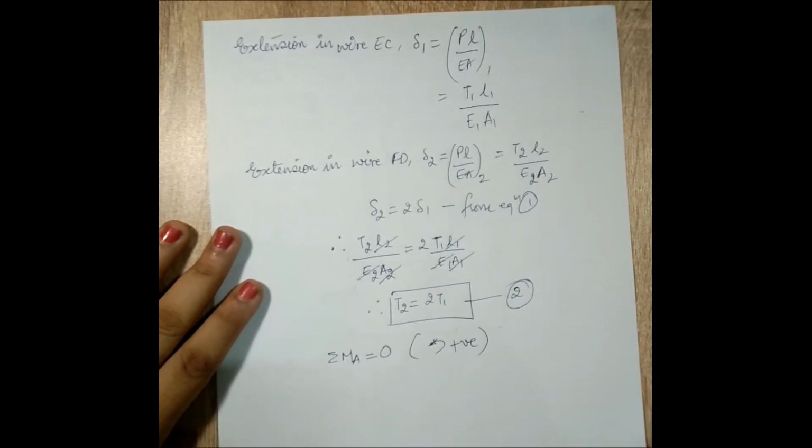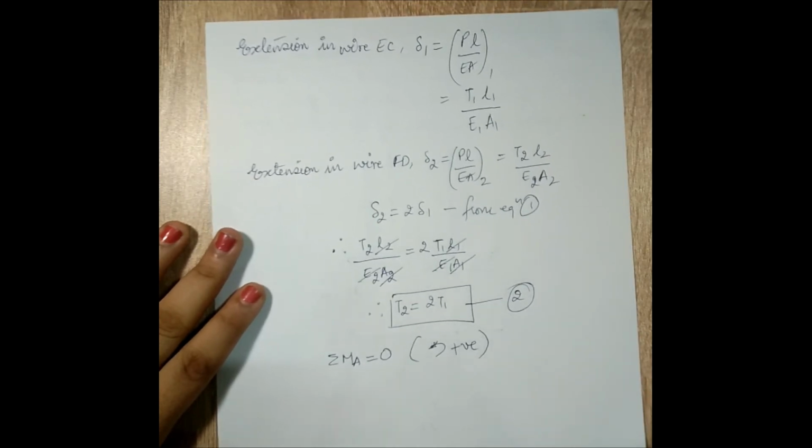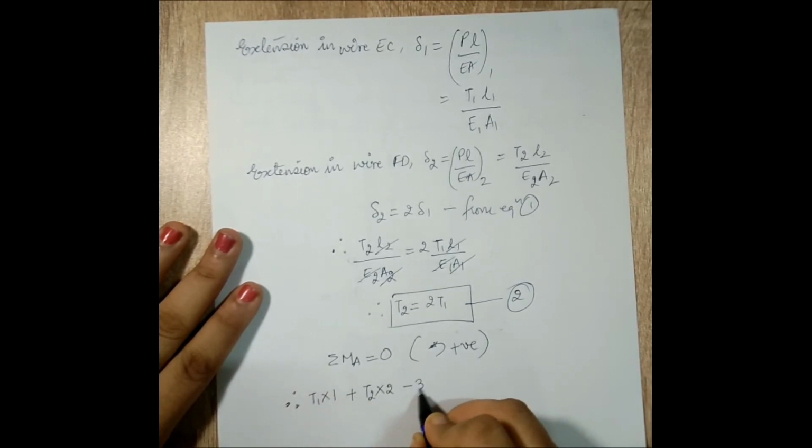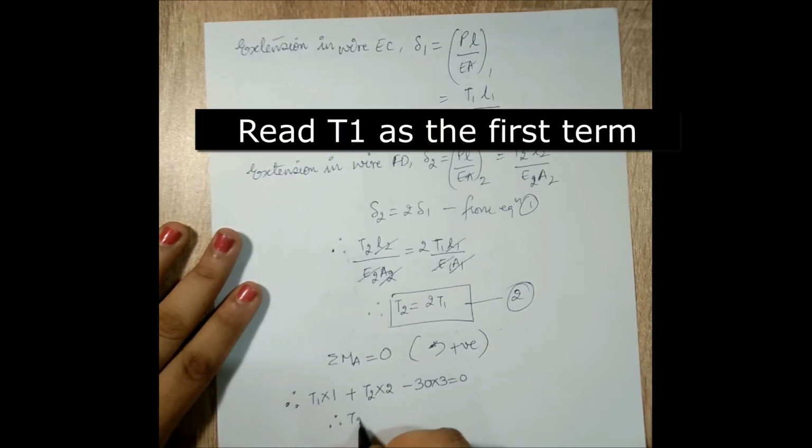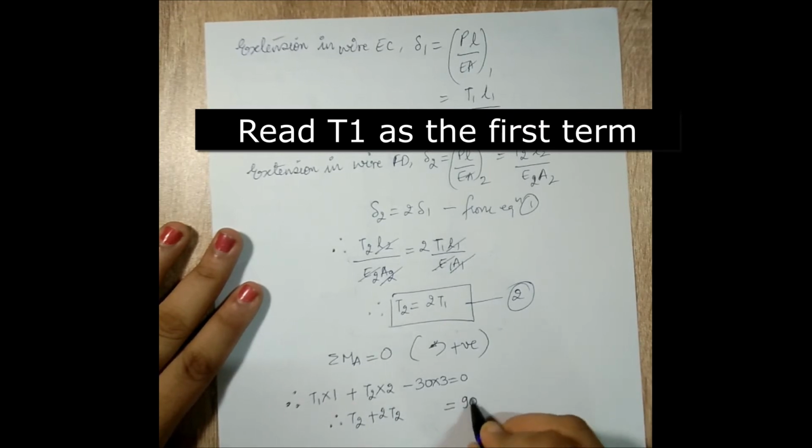This is a pure sign convention. You can change to clockwise being positive. So I'll have T1 into 1 plus T2 into 2 minus 30 into 3 is equal to 0. Therefore, T1 plus twice T2 is equal to 90. I mark this as equation 3.